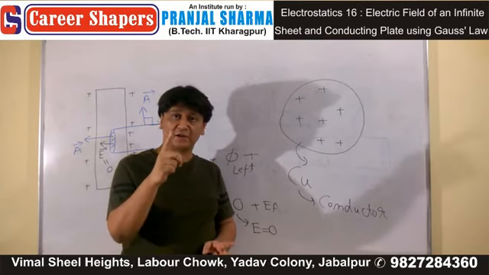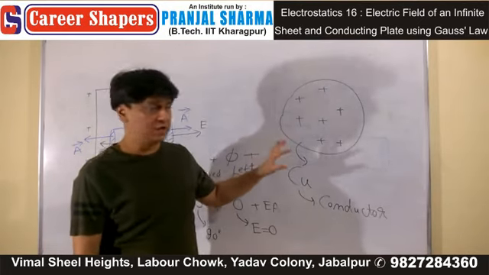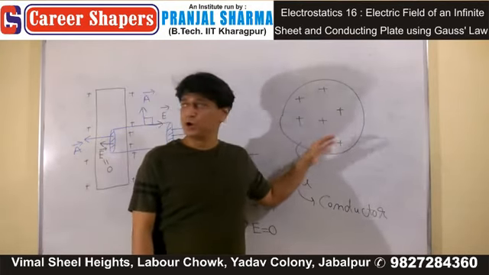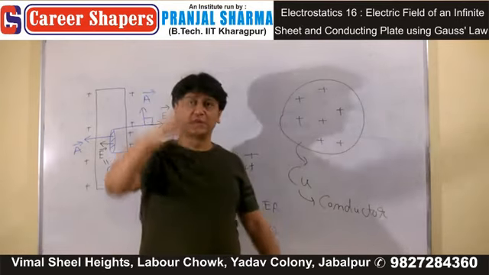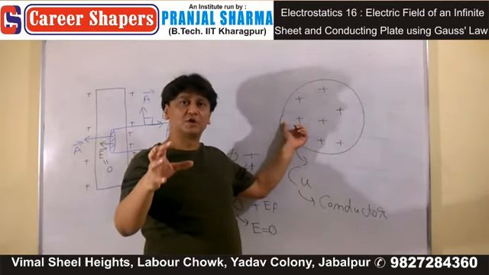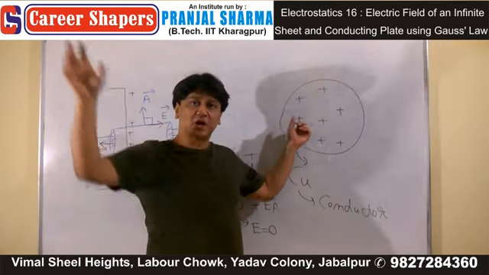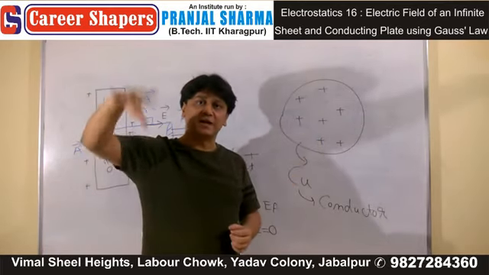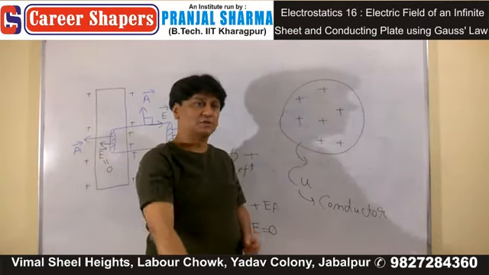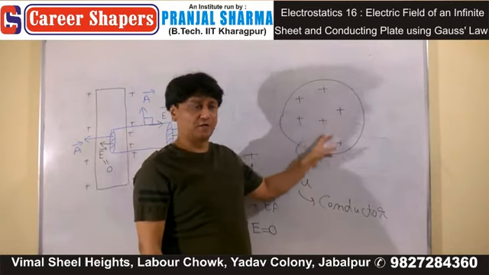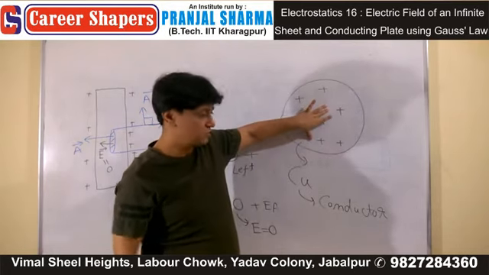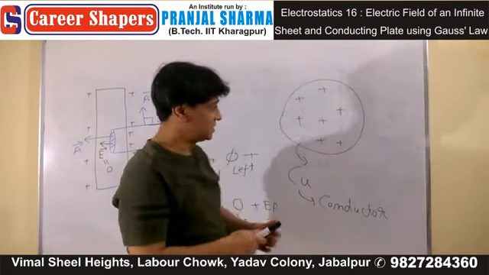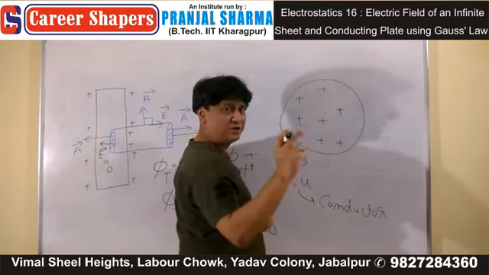We are handling things all the way around. We have proved first there can be no charge. Once you say there is no charge, then what is Gauss? E dot dA is charge inside. Charge inside is 0. There is no flux, and we are saying there is no electric field. So this thing just mention like this.